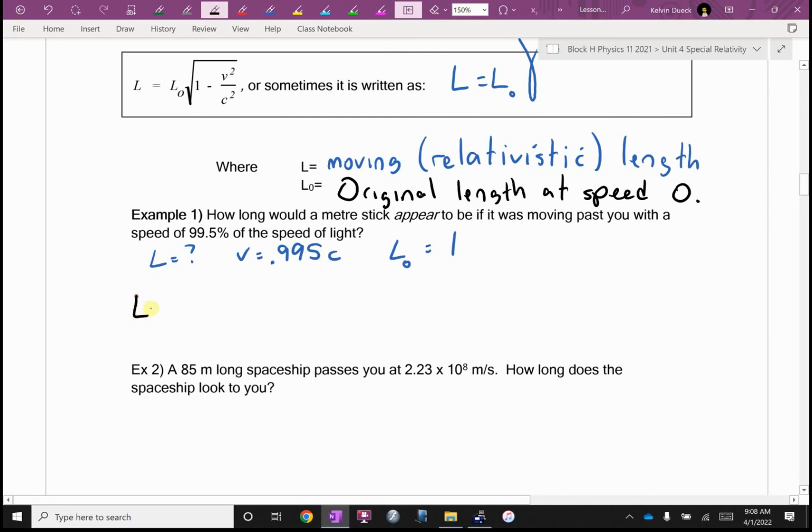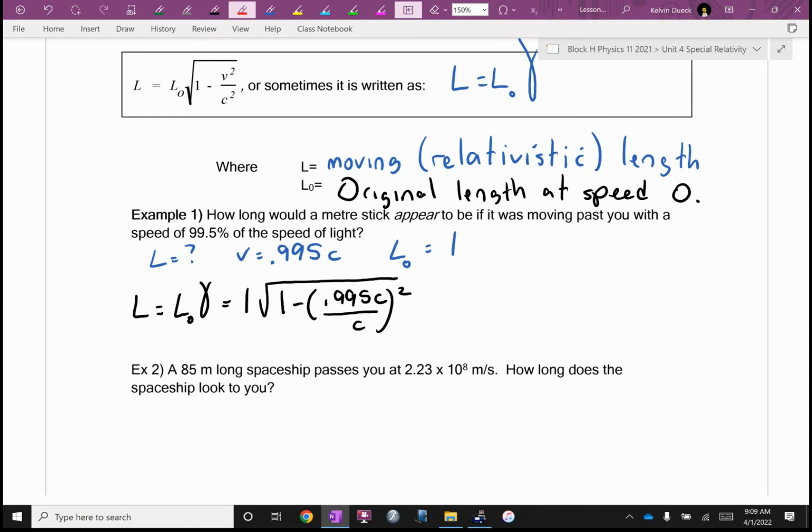It's going to be L equals L0 times the square root of blah, blah, blah. So let's plug in our numbers. 1 times the square root of 1 minus 0.995 c over c all squared. Alex, do you see? What do you see? That's convenient.